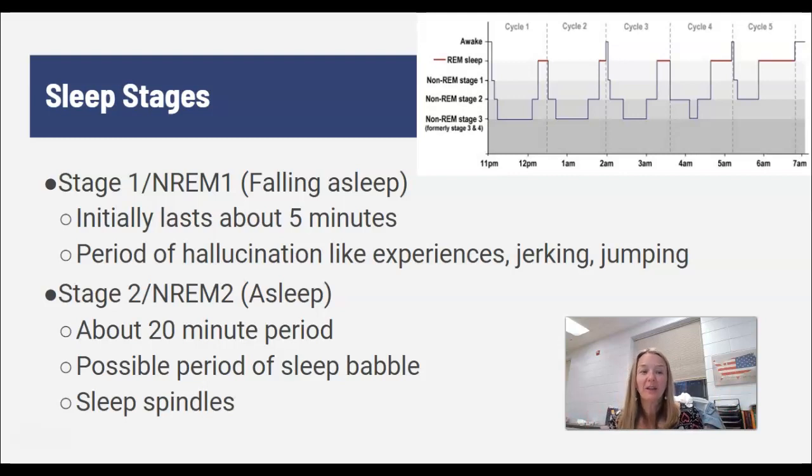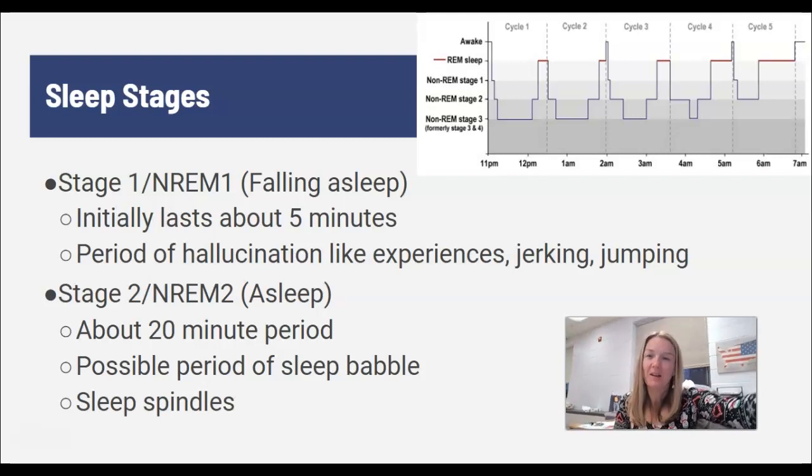So if you ever get that feeling when you're falling asleep that you literally feel like you're falling, that is in part a response to your cortical areas shutting off communication with each other. That doesn't happen to me often, but it's happened to me enough, the jerking while falling asleep, that I know.